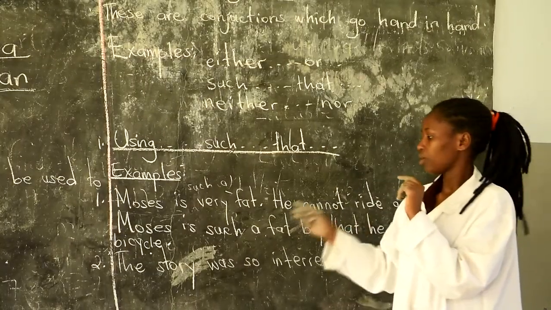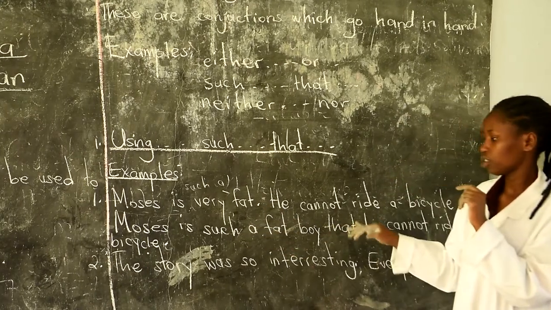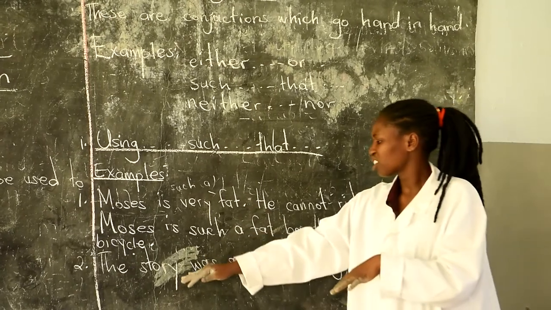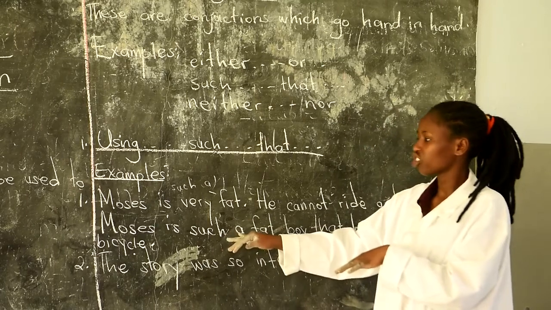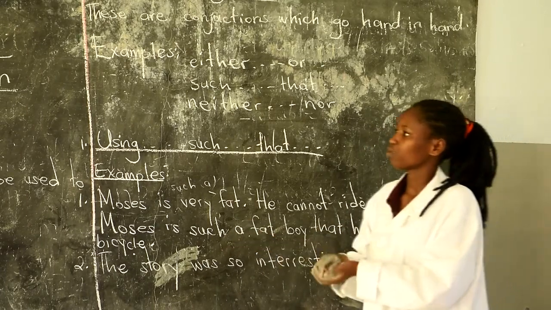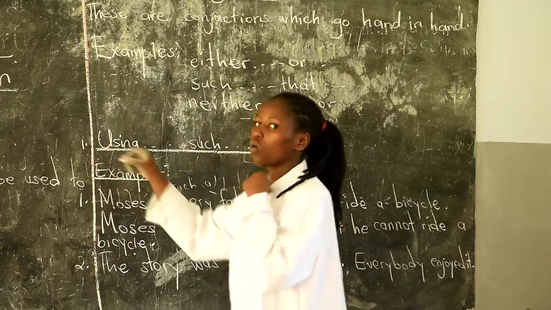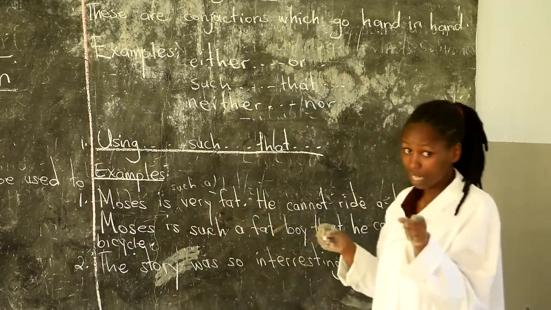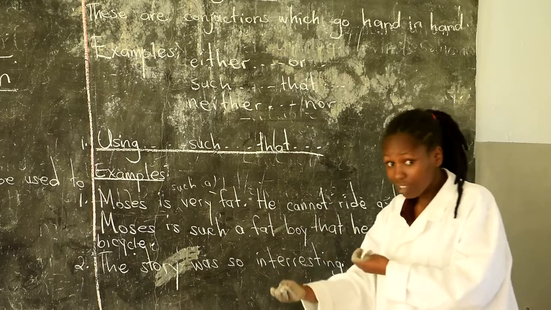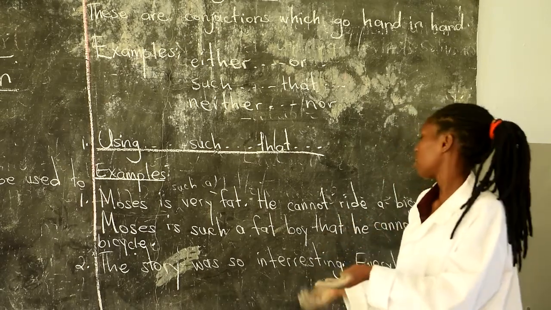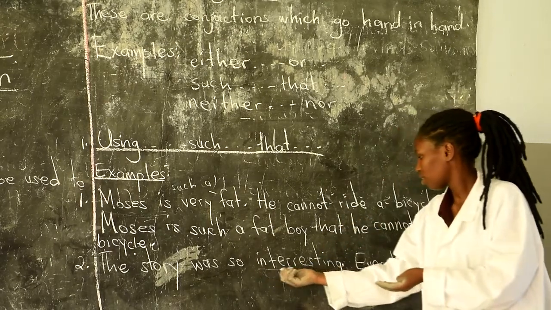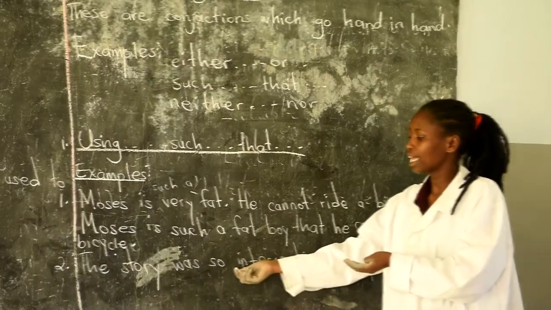No. Moses is such a fat boy. So even here, we can say the story was such. We bring the article. I said you can use a or an, depending on which adjective you're dealing with. Is it starting with a consonant or a vowel? In this case, it is starting with the vowel letter I.